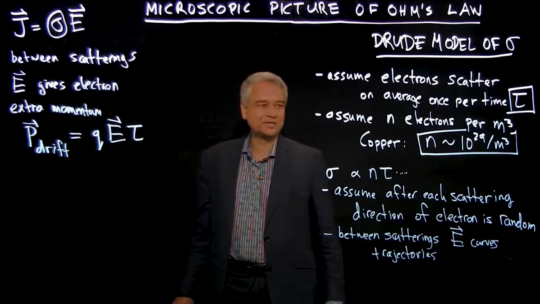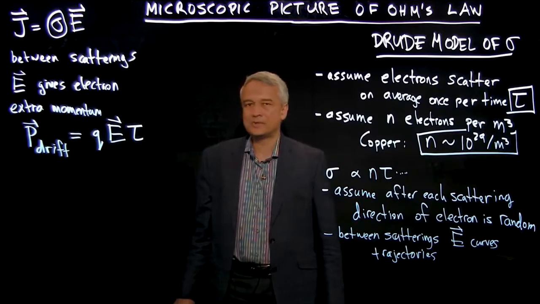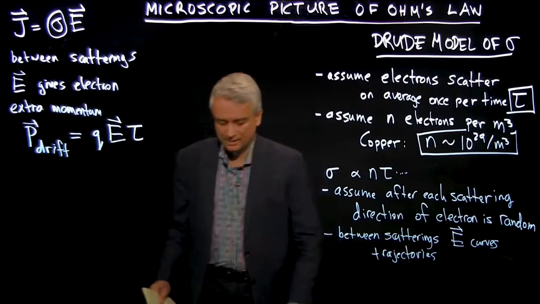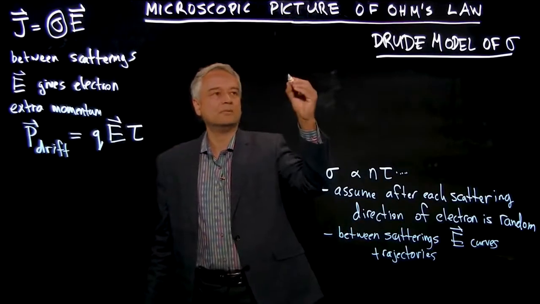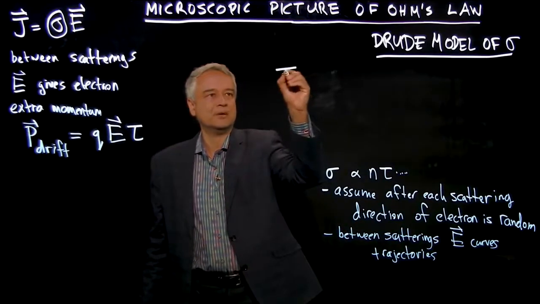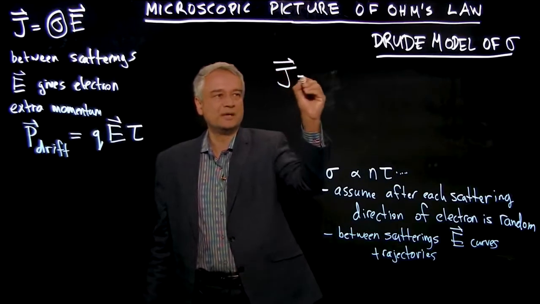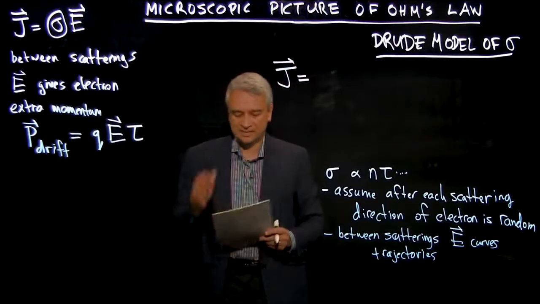Okay, so we're almost done now, although it may not feel like it. What we're going to do next is write down J and see what we get. So let's work out what J is. We're going to do so using a result that we derived in the previous video.